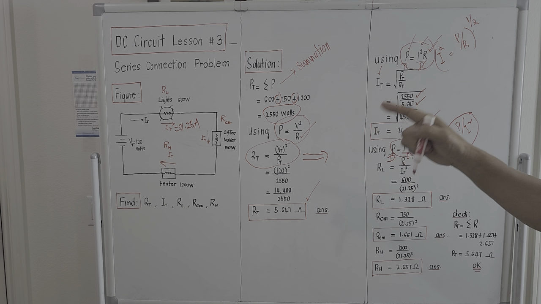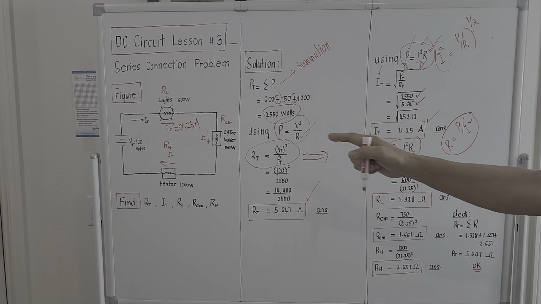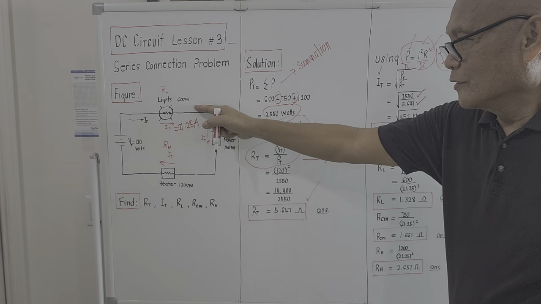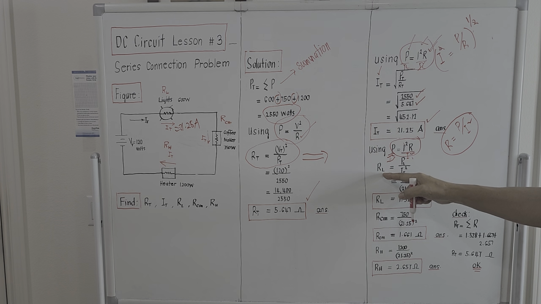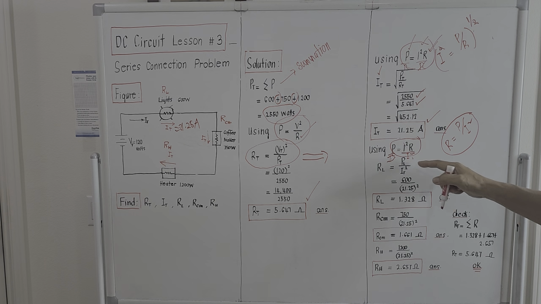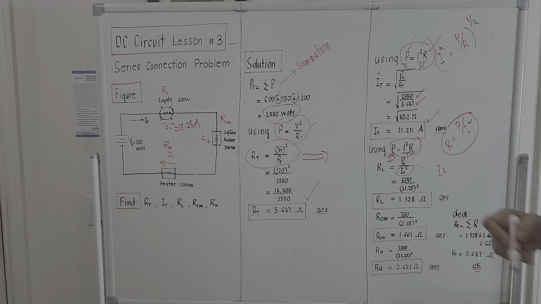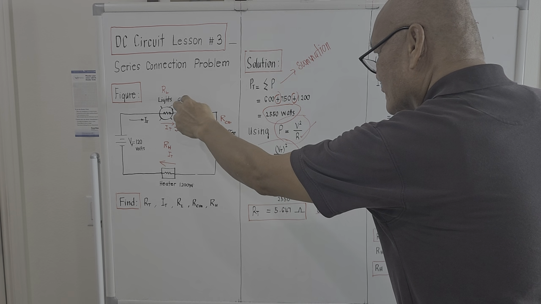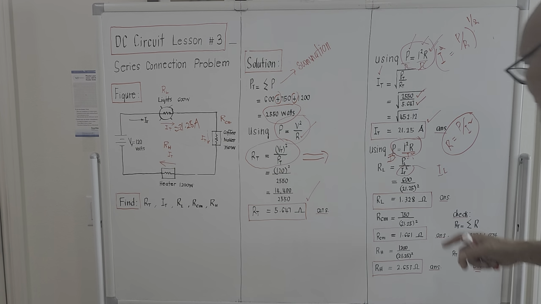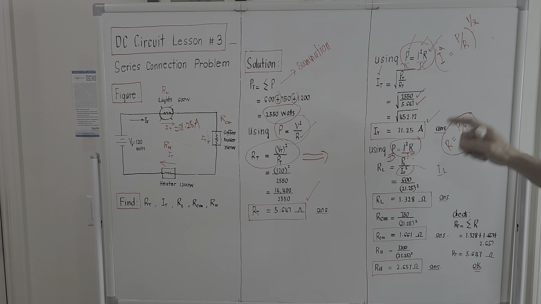So I will now place the proper subscript. For the lighting load, the resistance is designated capital R with the subscript L, where L refers to lighting load, equal to the power of the load over I total square. This is actually I sub L, but since the connection is series, the current passing through the lights is the same as the total current, so I just place I total squared.